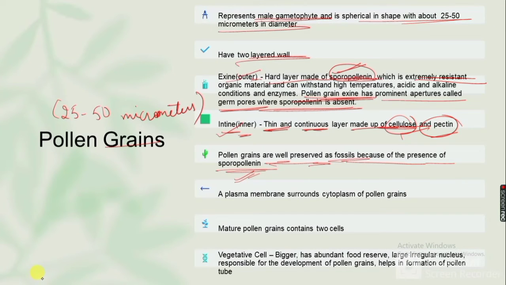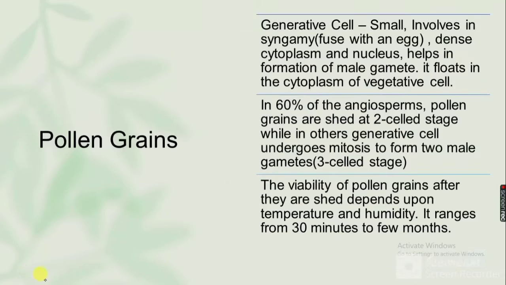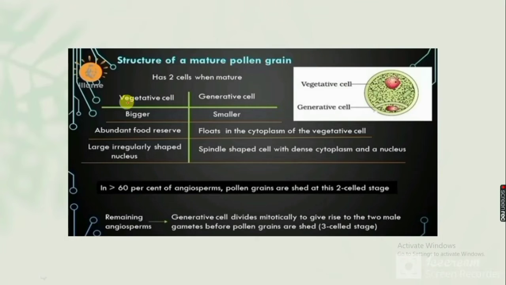A plasma membrane surrounds the cytoplasm of pollen grains. When pollen grains mature, they contain two cells, the vegetative cell and the generative cell. Let's see the difference. The vegetative cell is bigger, whereas the generative cell is small, as you can compare in the diagram.